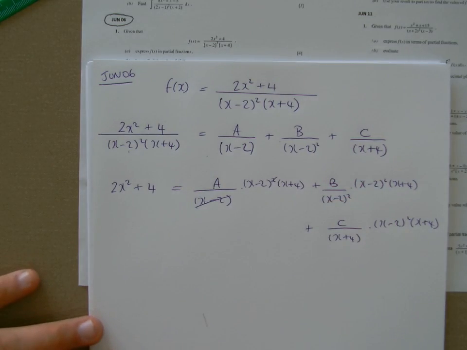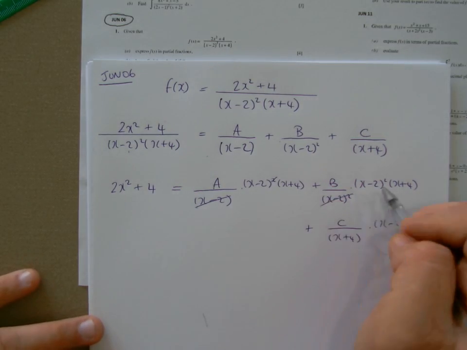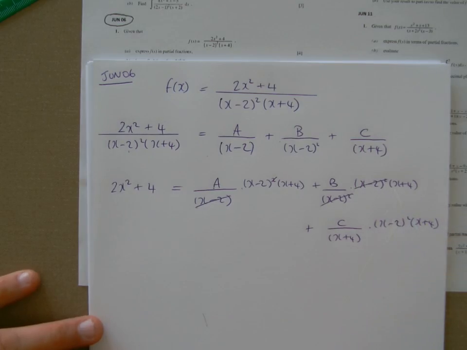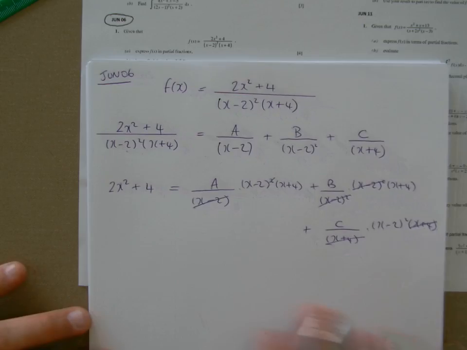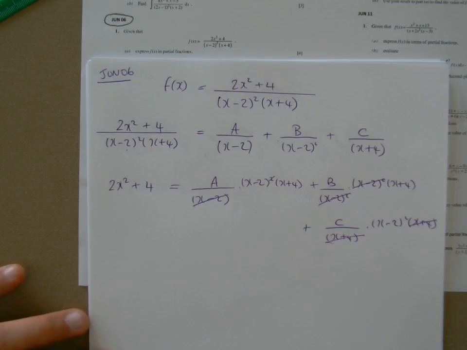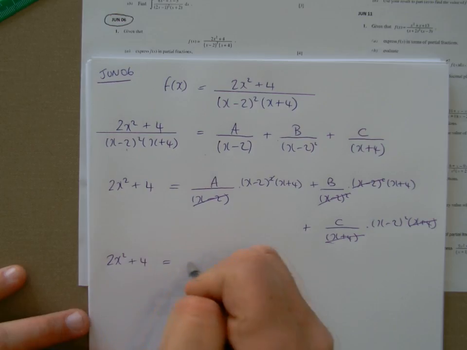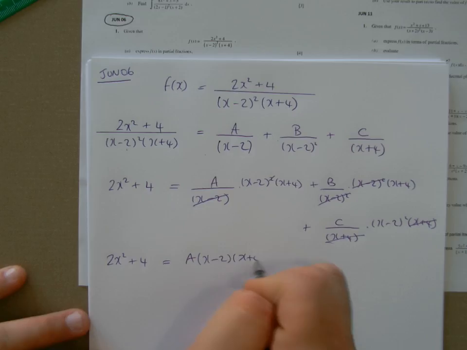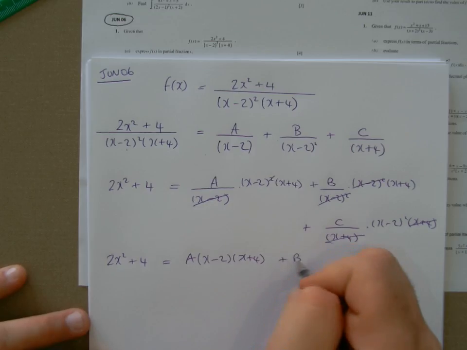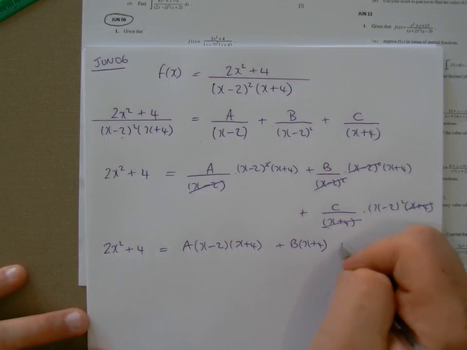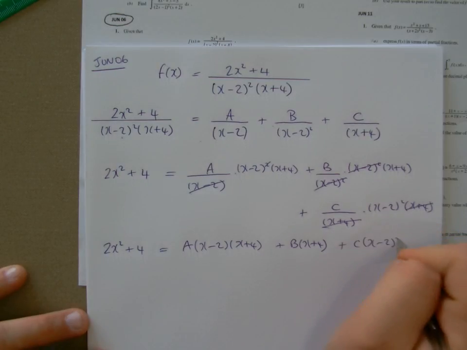This x minus 2 squared will cancel with that x minus 2 squared there. And then the x plus 4 will cancel with that x plus 4 there. So we can rewrite this then as 2x squared plus 4 equals a bracket x minus 2 x plus 4 plus b bracket x plus 4 plus then c x minus 2 all squared.